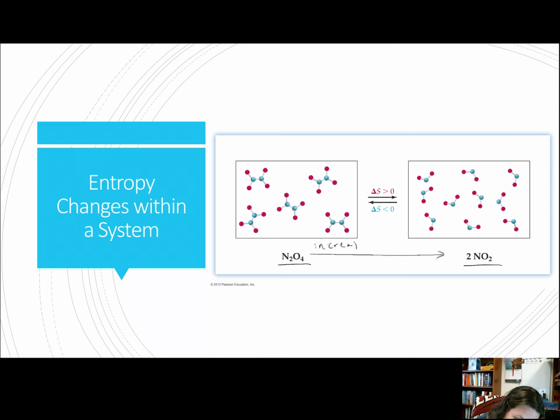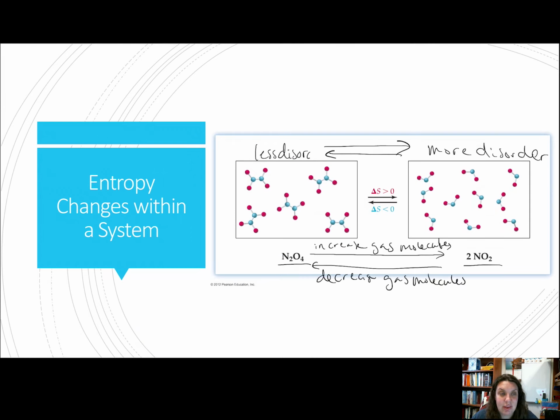Going in the other direction, we decrease that. With the increase in gas particles, we have more disorder, and going in the opposite direction, when we have fewer gas molecules, we have less disorder. Okay.